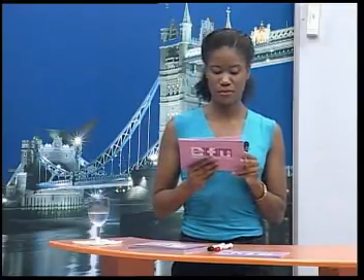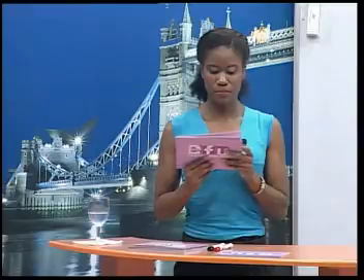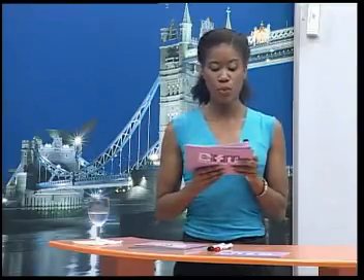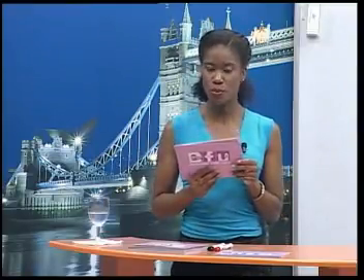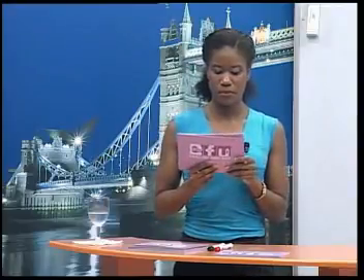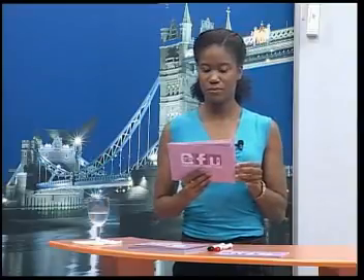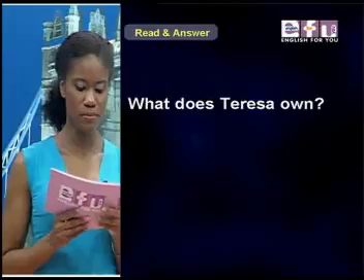When does Chip get angry? What does Teresa always do before she goes to work? What does Teresa always do after work? Where did Chip sail to? Now let's check your answers.